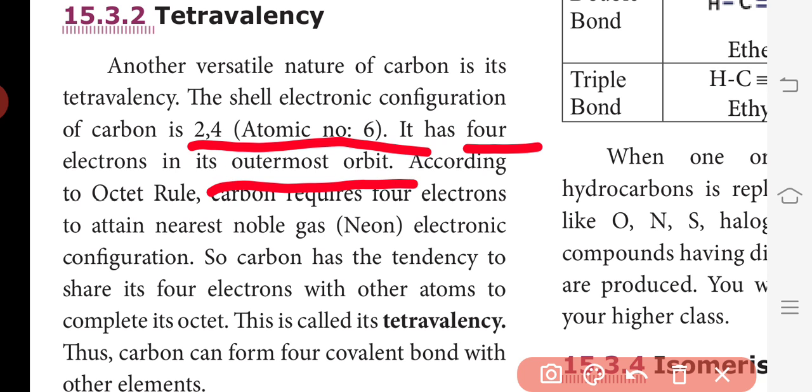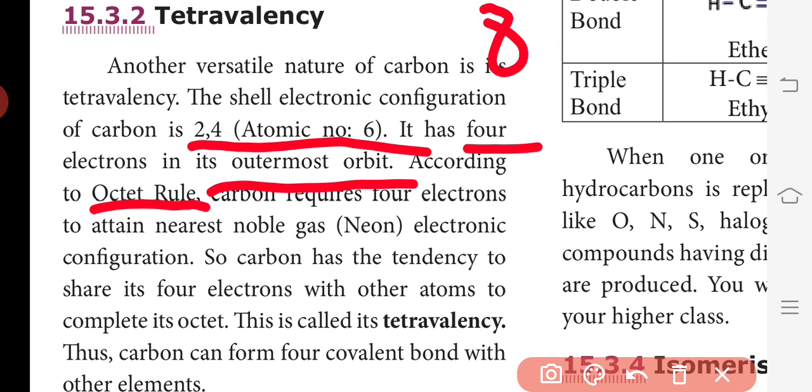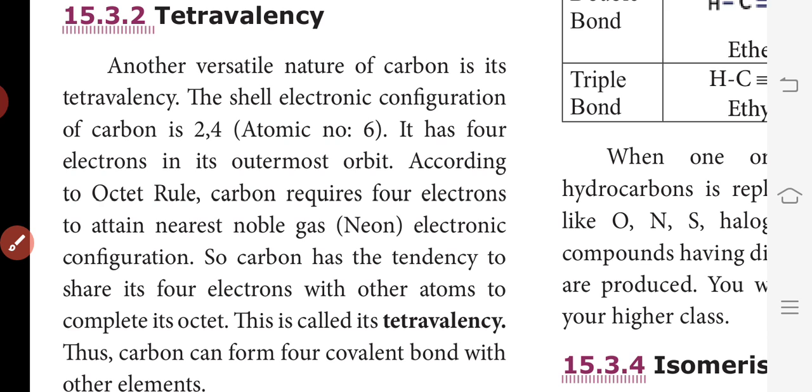So according to the octet rule, octo means 8. That is why an octopus is called so, it has 8 projections. So octet means 8. So carbon requires 4 electrons to attain noble gas electronic configuration. Noble gases, neon, argon, xenon, krypton, radon, are called lazy gases because they don't take part in chemical reactions. So this carbon also wants to be a lazy element without involving in chemical reactions.